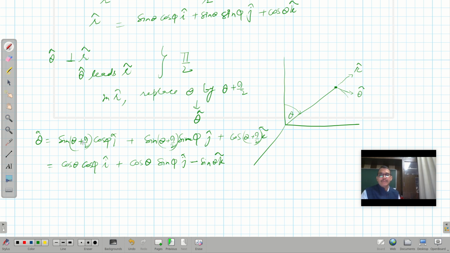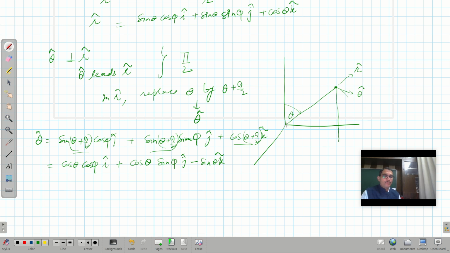Basically sine of theta plus pi by 2 is cos theta because it is in the second quadrant, and at pi by 2 the trigonometric ratio will change. Here it is also in the second quadrant, right? So these all are in the second quadrant. Using that concept I write it like this: cos theta cos phi i cap, cos theta sine phi j cap, minus sine theta k cap.